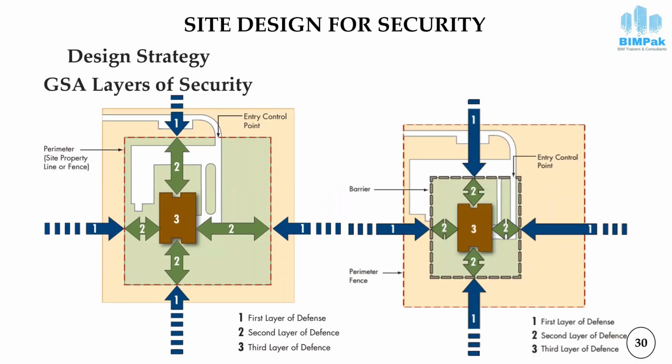So there can be different strategies. For example, in case of GSA, we have 2 types of strategies. Here we can see that all the perimeter has been restricted, and this has been declared as a controlled area. The control point is at the outer perimeter of the area, so the car parking has been provided inside this control area. While in this case, the parking has been placed outside this area.